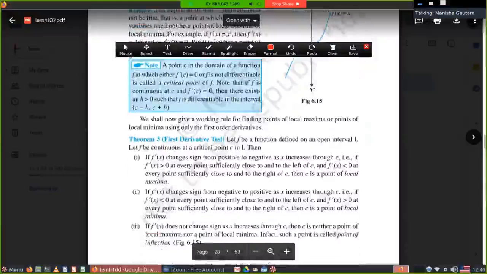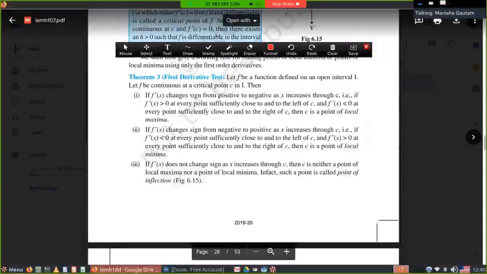Now we'll discuss the first derivative test. What does the first derivative test say? How to prove the function is showing maxima or minima at the given point. Here is the theorem which we generally use to find the solution. Let f be a function defined on the interval I, f be continuous at a critical point c in interval I. Then, first, you have to find the derivative of the function.